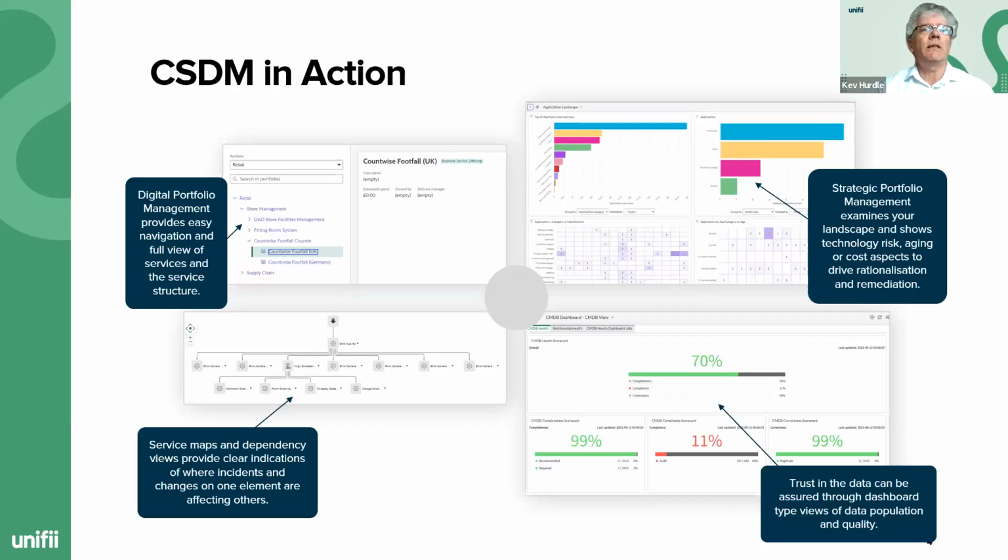Let's have a look at CSDM in action. So this slide is a representation of a subset of the kind of benefits, the kind of interactions that your users could benefit from once you've implemented CSDM. Not necessarily in its entirety, you might be focusing on certain business outcomes that you want to achieve.